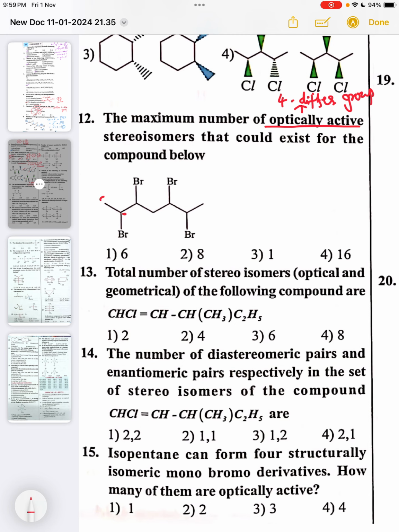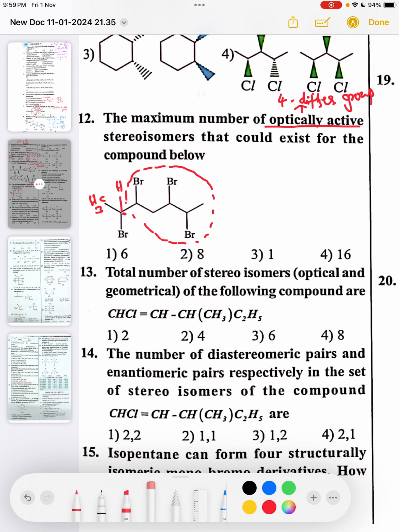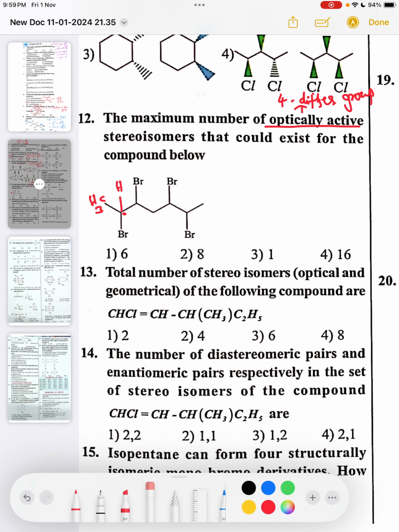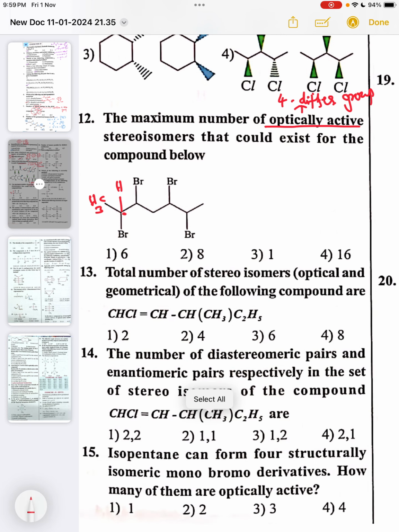This side CH3 group is there, Br, and here hydrogen is there because of tetravalence, and this remaining group is one group, right? So that's why we can say there are four different groups present like this. Same way here also four different groups, here also four different groups.